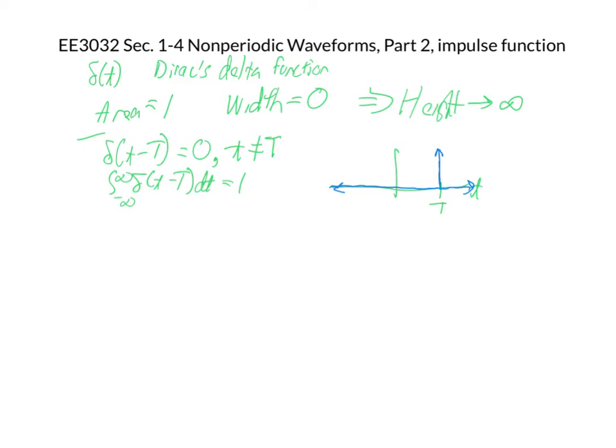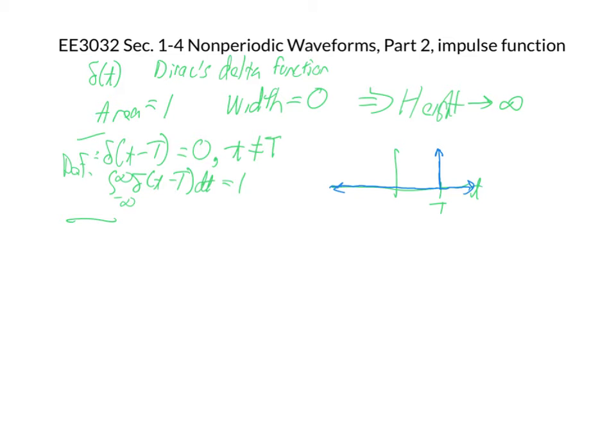When we draw this upward pointing arrow, it's understood that the area is equal to 1. If there's another area besides 1, we might put a number like 2 or 3 next to it, but in this case the area is 1, so we would draw Dirac's delta function at time capital T like this. So that's the definition.